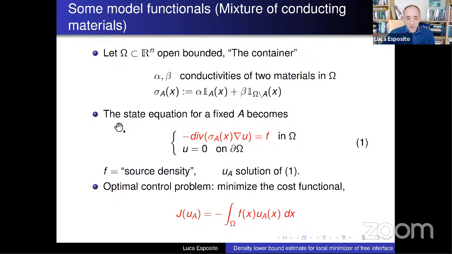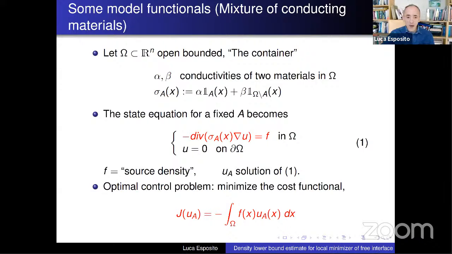For the sake of simplicity, I take this very simple form for the cost functional, in such a way that we can rephrase this optimal control problem and obtain the minimizer by minimizing just one single integral functional.